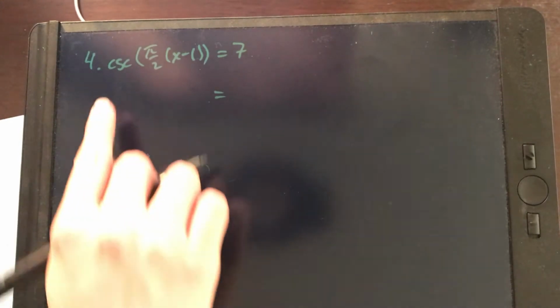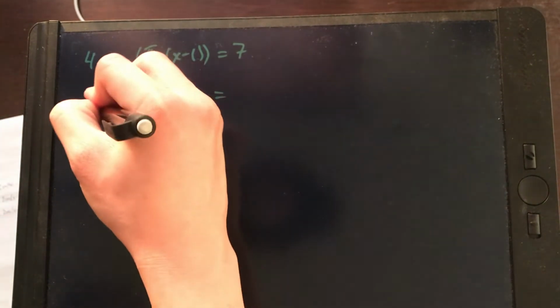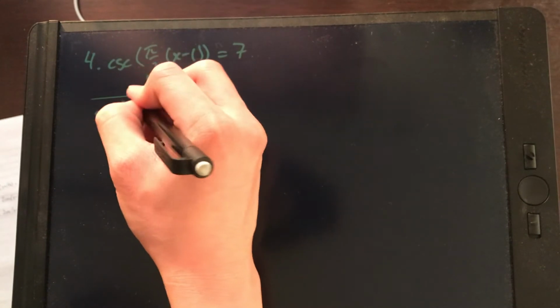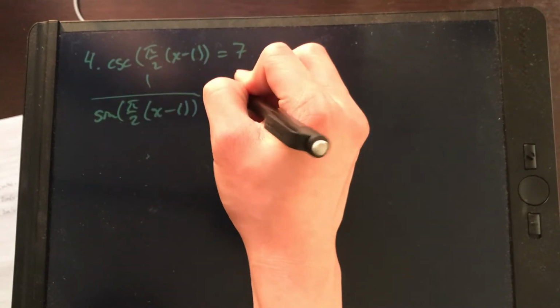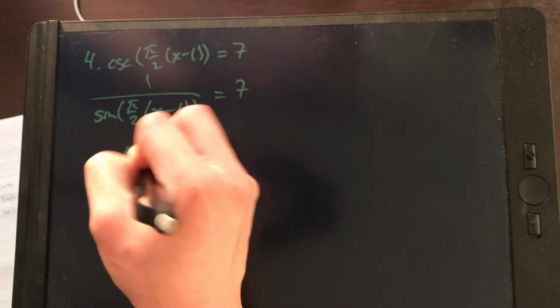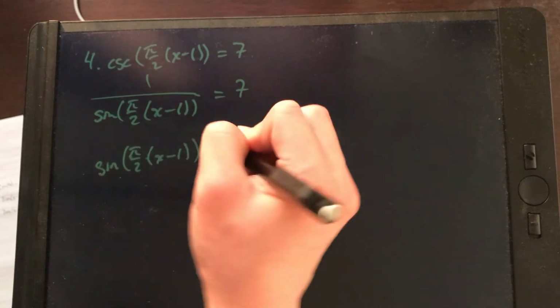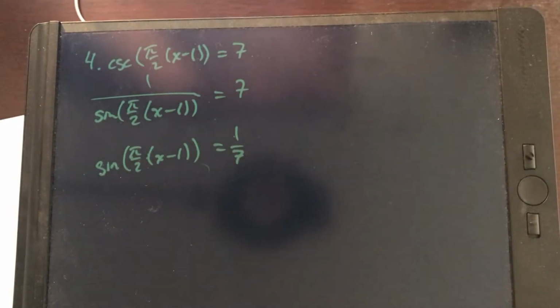So if I look at this as 1 over sine of whatever the argument is, I have 1 over sine x minus 1 equals 7, and I'll just rewrite this as sine pi over 2 x minus 1 equals 1 over 7, taking the reciprocal of both sides.